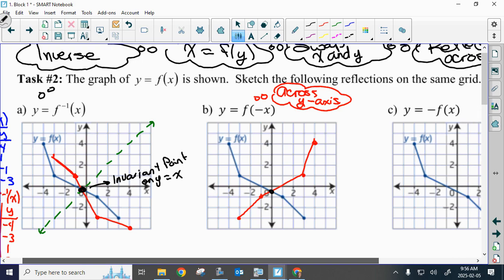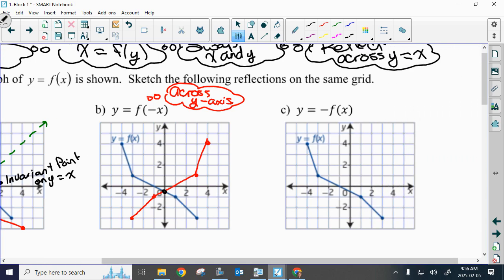Is the inverse, or the reflection across y equals x, a function? It is. The only time you're going to question whether something's a function is if you do the inverse.